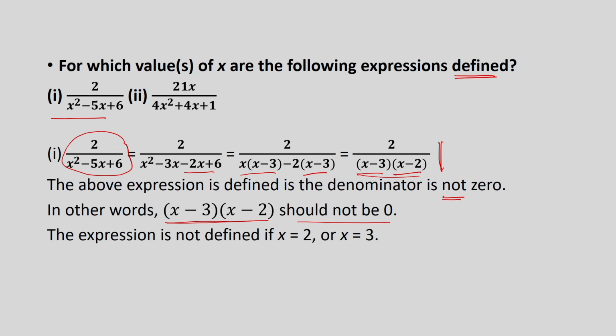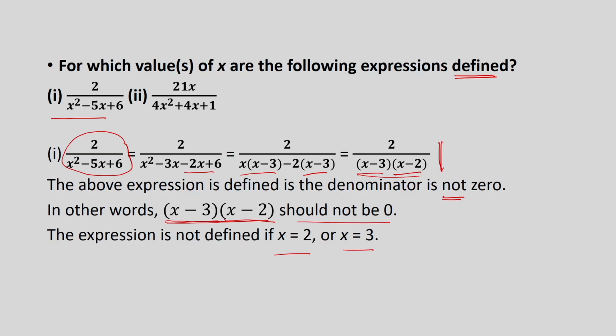Either x is equal to 3, in that case this part will become 0, therefore the product becomes 0. That is one case, or x is equal to 2, in that case the second part turns out to be 0, and therefore the product also turns out to be 0.